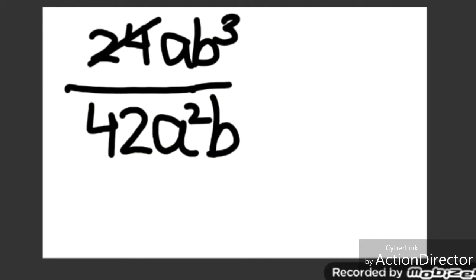Well, 24 divided by 6 equals 4, and 42 is 6 times 7. That's not the only bit, so you just leave AB cubed and A squared B.